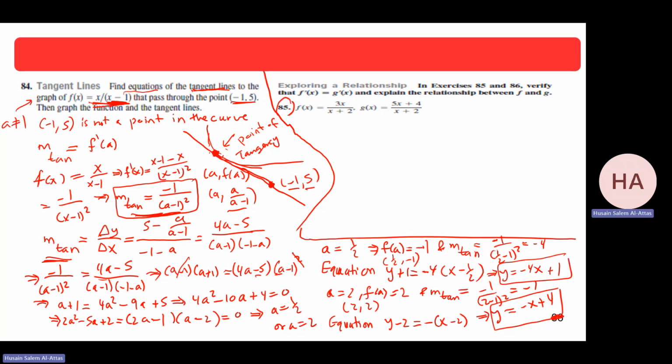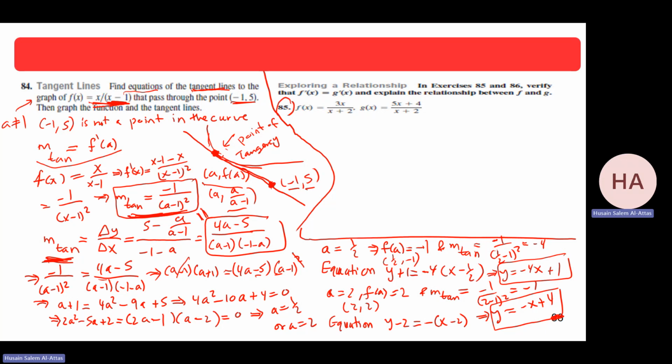Simply, the idea is what? I need the point of tangency. You call it A and f of A. So I find the slope through the derivative, m tangent equal f prime, I get this. Then I find the slope through 2 points, through delta y over delta x, I get this. These two slopes should be equal to each other since it's the slope of the same tangent line.